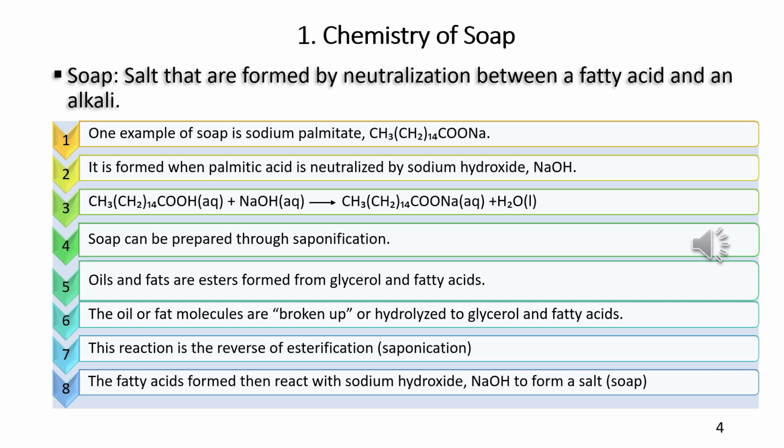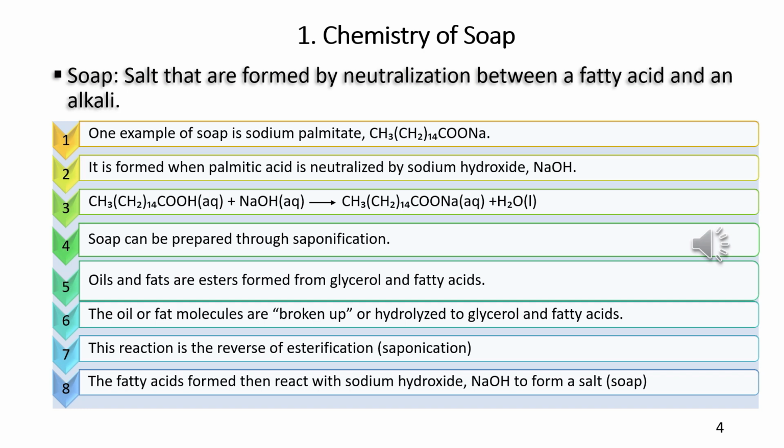One example of soap is sodium palmitate. The formula of sodium palmitate is CH3(CH2)14COONa. It is found when palmitic acid is neutralized by sodium hydroxide, NaOH.